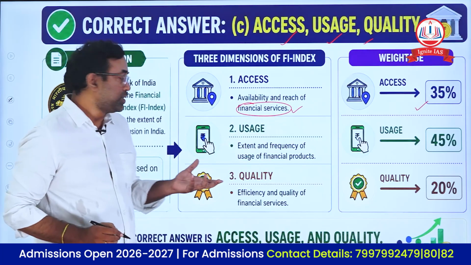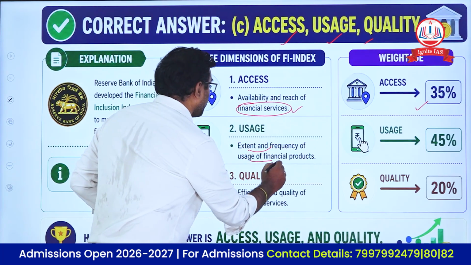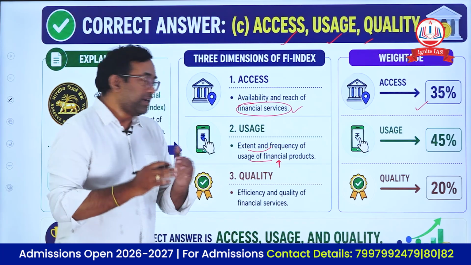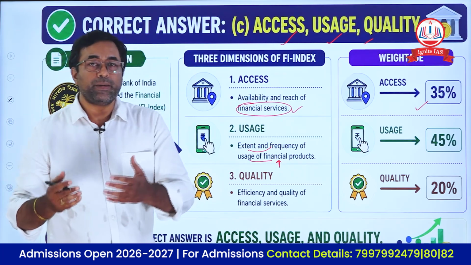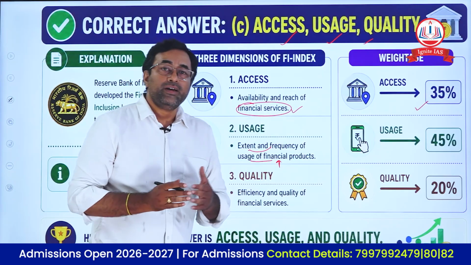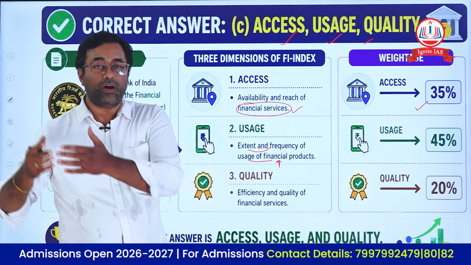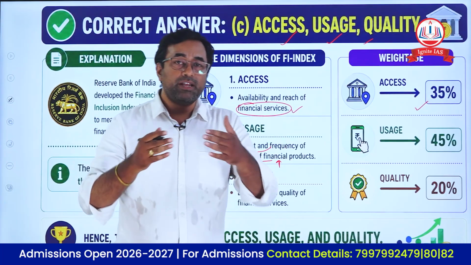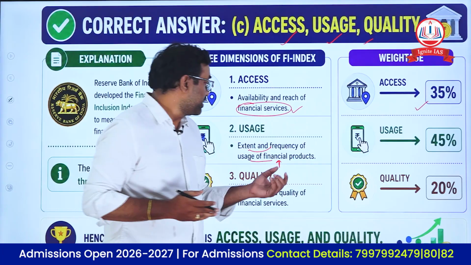Next one is usage. Usage means the extent and frequency of usage of financial products. That means there are different types of financial products, in the sense of loans given to people, or other services like motor loans or vehicle loans or any other financial services provided by the banks to the people or customers.